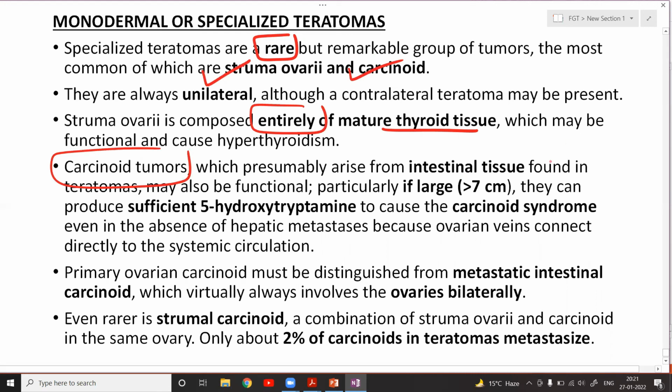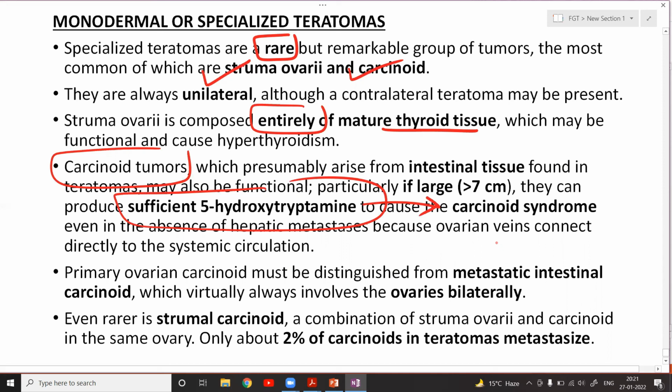Okay, so basically, if such tumors are present along with the teratoma, and if they form the majority component, then they are called strumal carcinoid. Usually, such tumors secrete 5-hydroxytryptamine, which causes what is called carcinoid syndrome.